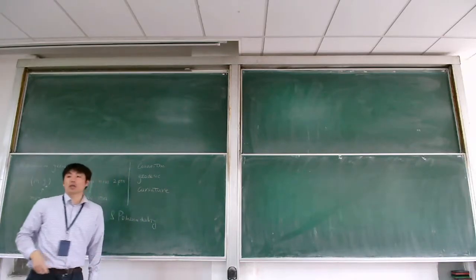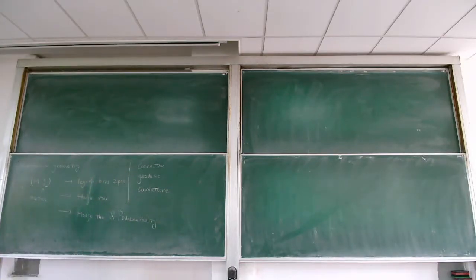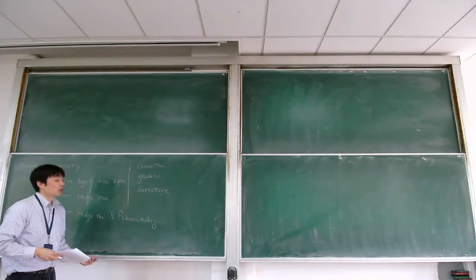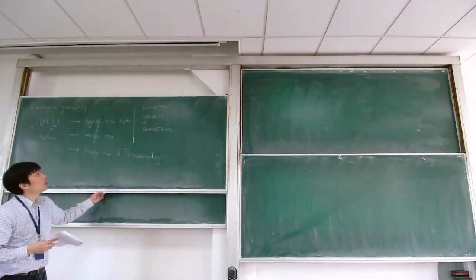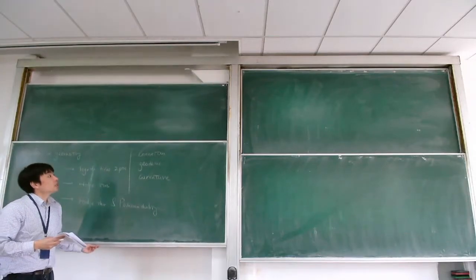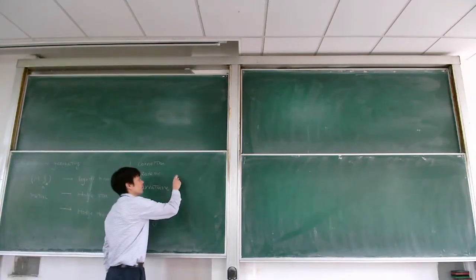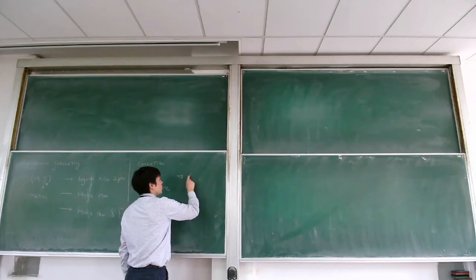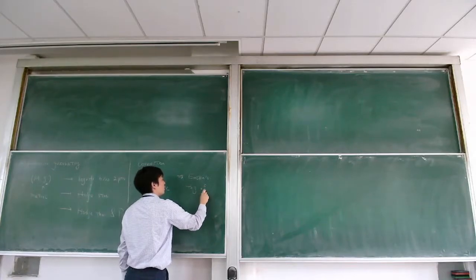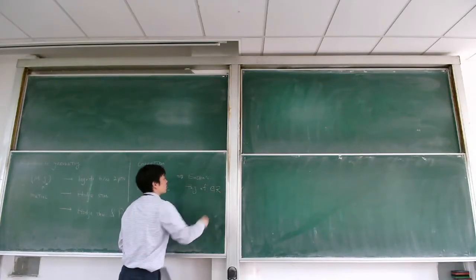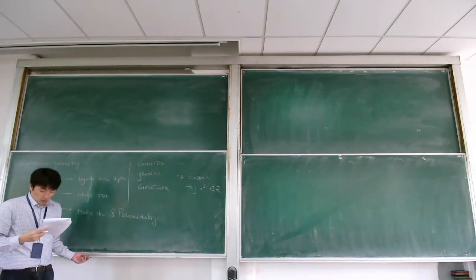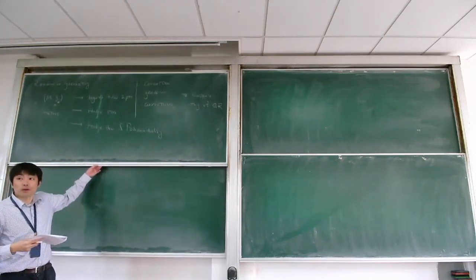These are the most fundamental concepts in Riemannian geometry. That's what we're going to learn, and based on which Einstein's theory of general relativity is constructed.